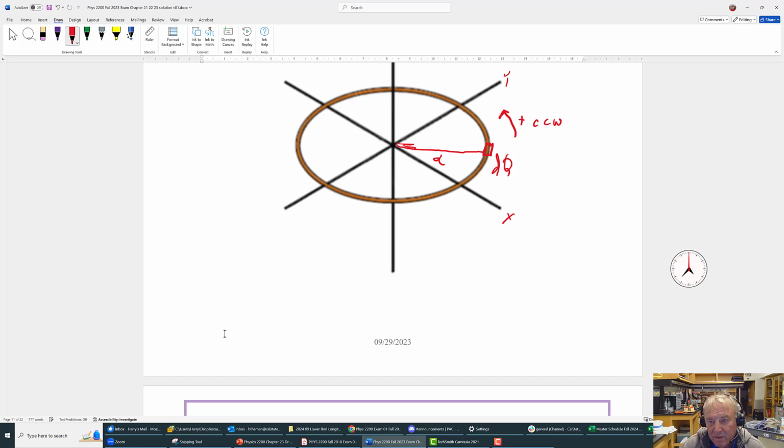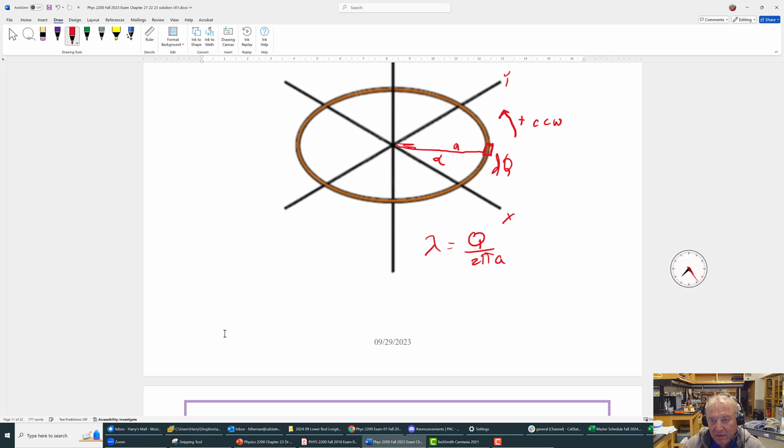I have a line charge, so lambda is the total Q divided by 2 pi A. I forgot to write the A on here. That's the radius.